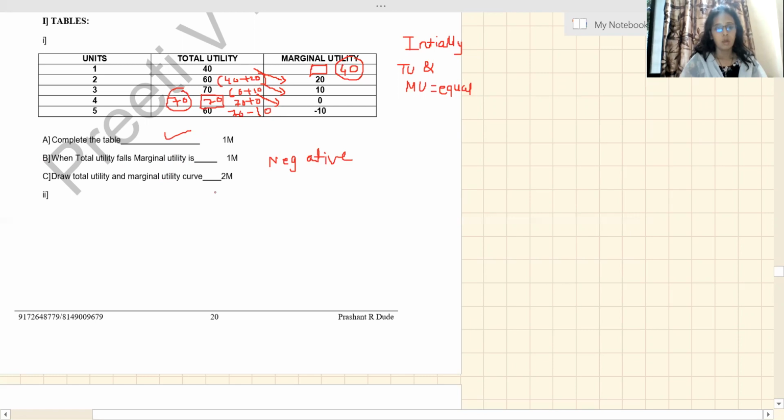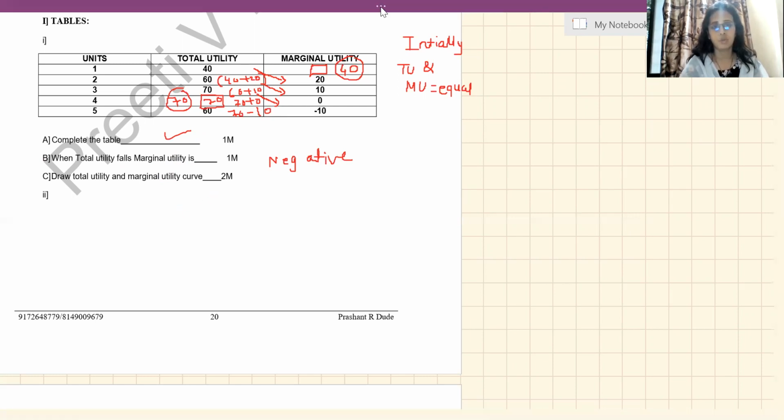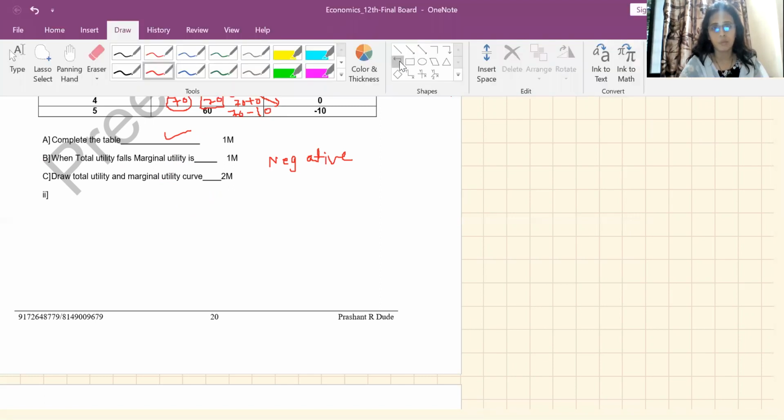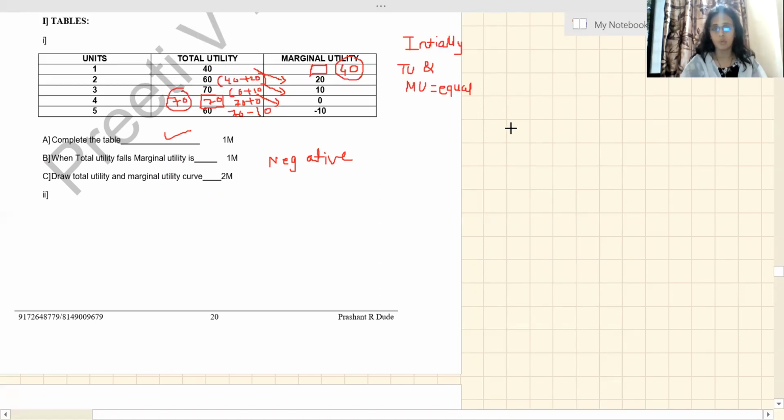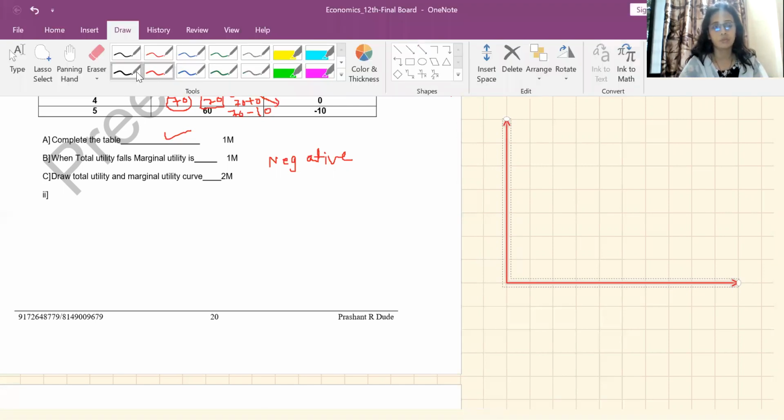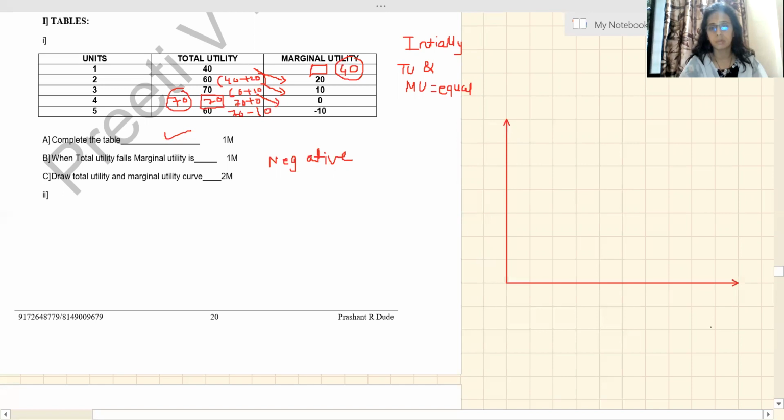Okay. Then draw the TU and MU curve. Let's draw together. I will draw with this pen tab, so I will go a little bit slower. We will draw first the x-axis and y-axis. We will label it. See, you can see that, take a 1 centimeter difference.